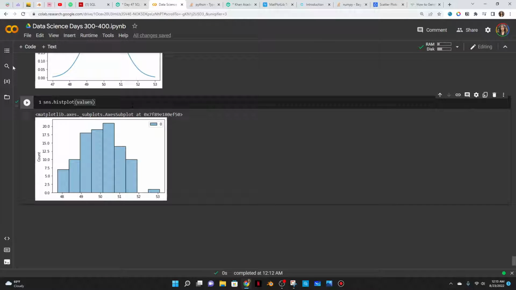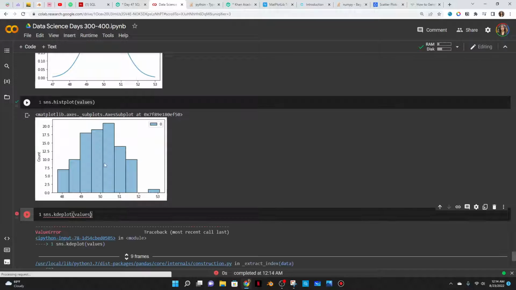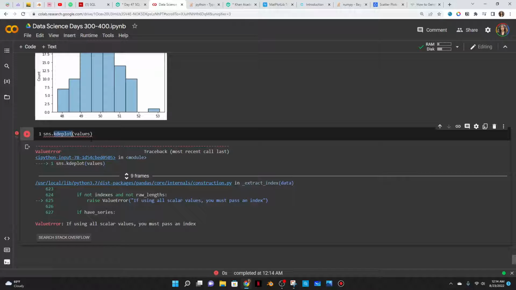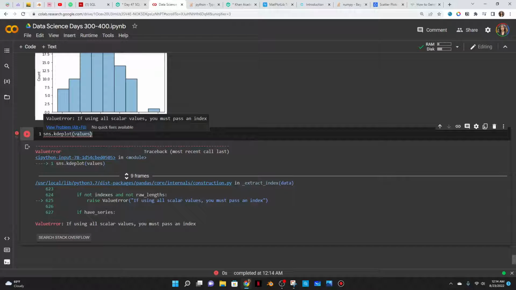How could I do, hold up, sns.kdeplot, or is it just plot.kde? I don't even remember what it is. KDE: if using scalar values, you must pass an index. Right.